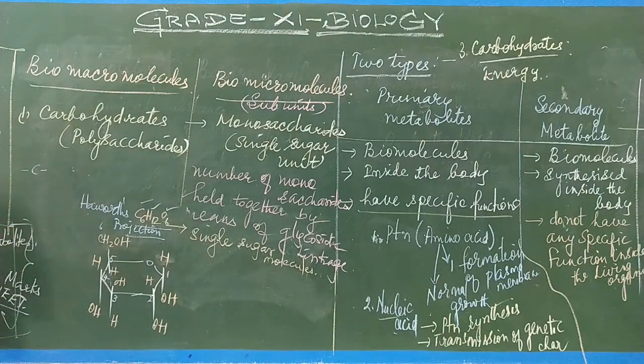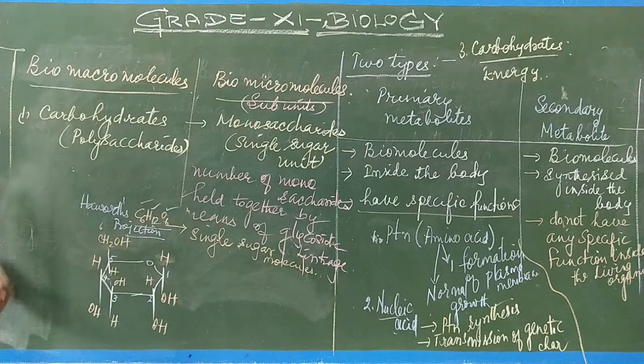Original structural formula: you see how to draw the original structural formula for carbohydrates. You take carbon, how many carbons? 6. So 1, 2, 3, 4, 5, 6 carbons.